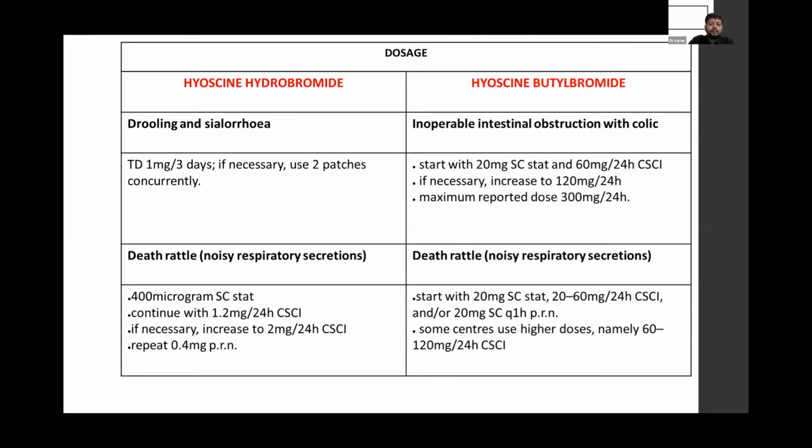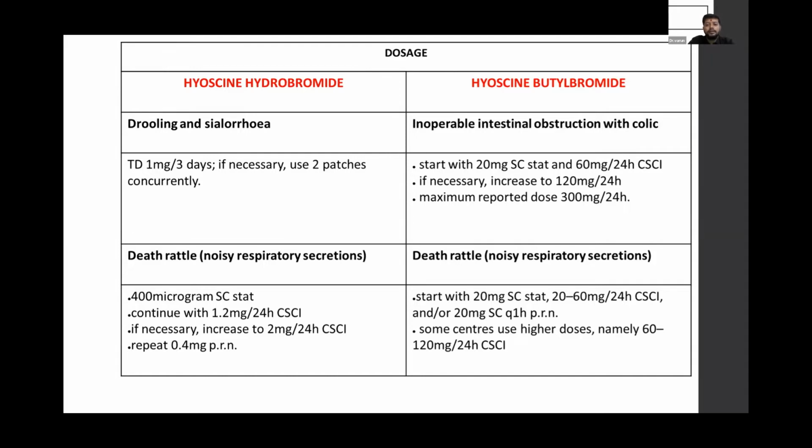Doses for hyoscine hydrobromide: for drooling or sialorrhea, it can be used as transdermal patches of 1 milligram for 3 days, and if necessary, we can use 2 patches concurrently. For death rattle or noisy respiratory secretions, sub-Q 400 micrograms stat and continue with 1.2 milligrams per 24-hour continuous sub-Q infusion. If necessary, it can be increased up to 2 milligrams per 24-hour infusion, with 0.4 milligram for rescue doses.